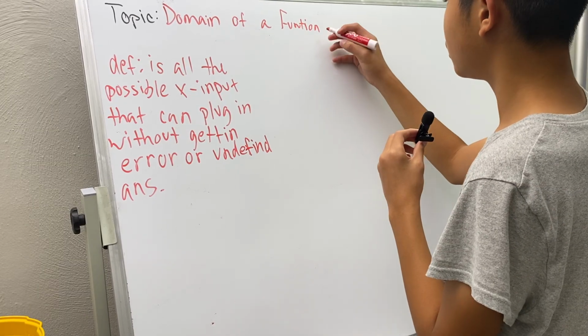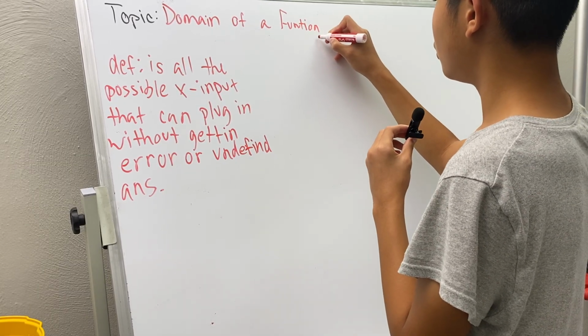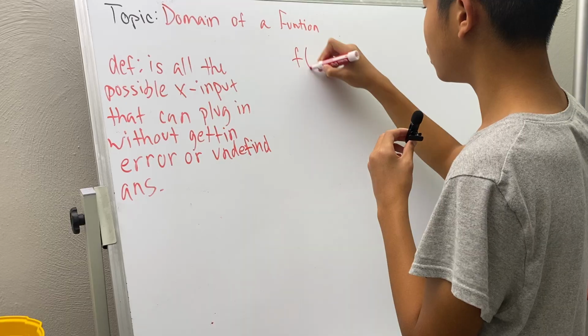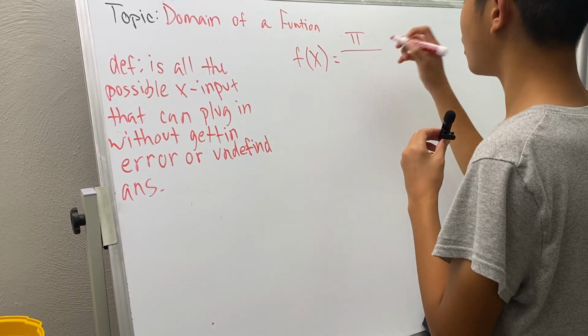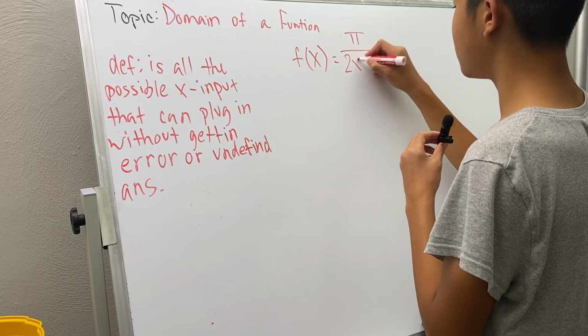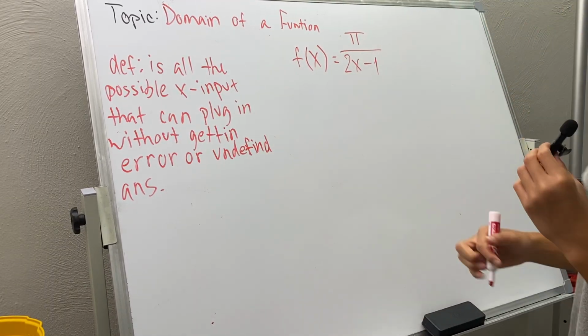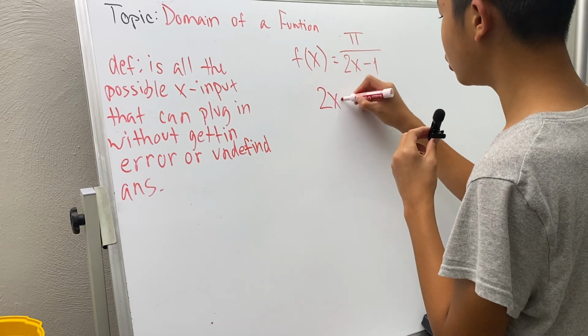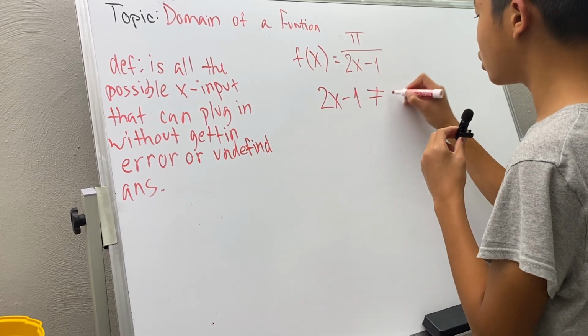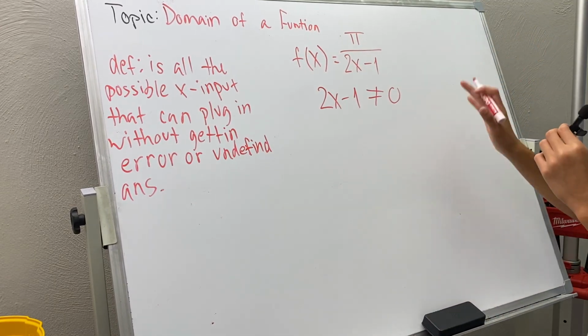Let's say we have the function f of x equal to pi over 2x minus 1. Well, you gotta set the denominator not equal to 0 because it can't be 0.